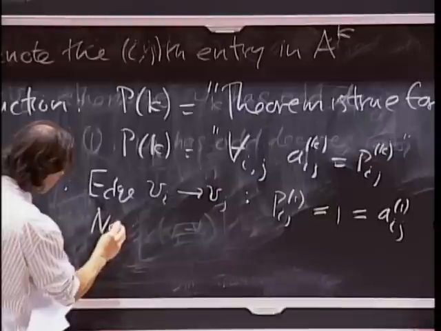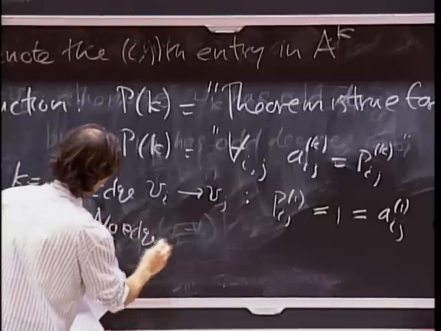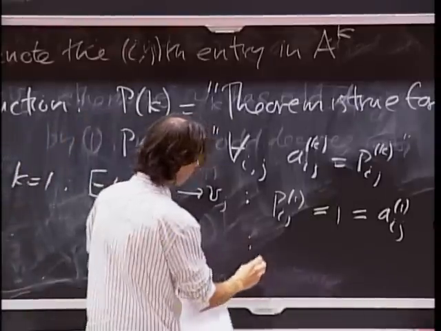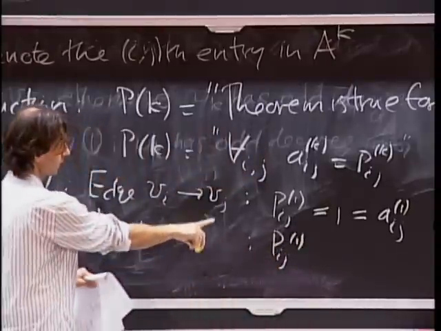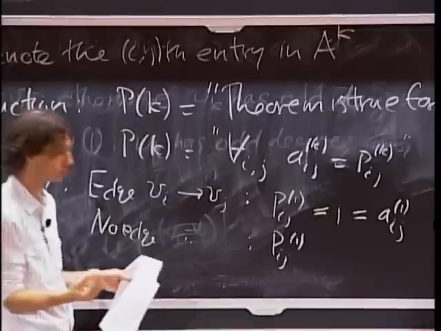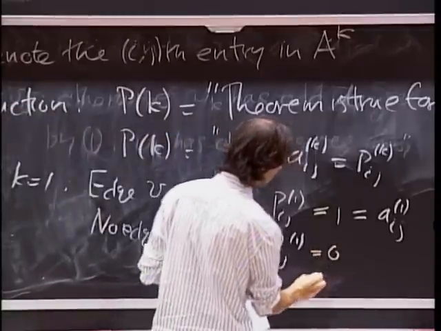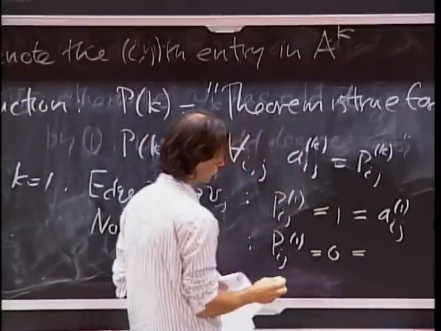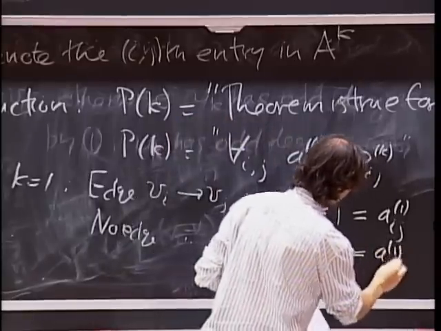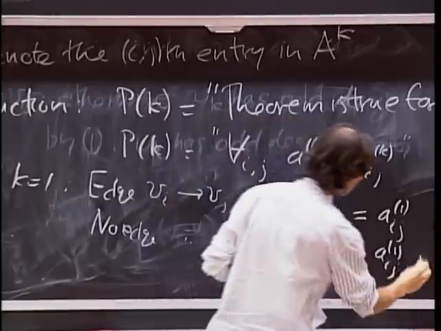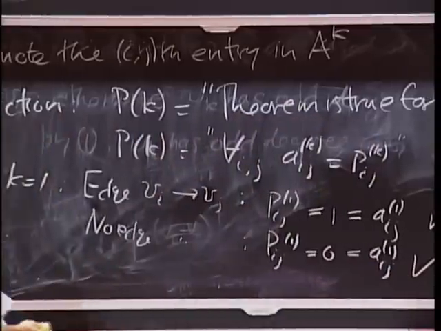Now, if there is no edge of this type, then we know that in one step we can never reach Vj from Vi, because there's no edge. So we know this is equal to 0. There's no such walk. And this is, by definition of the adjacency matrix, also equal to Aij. So this works. The base case is easy.